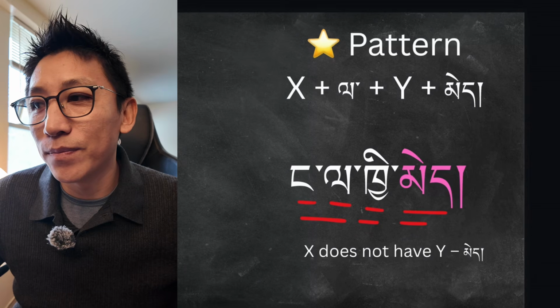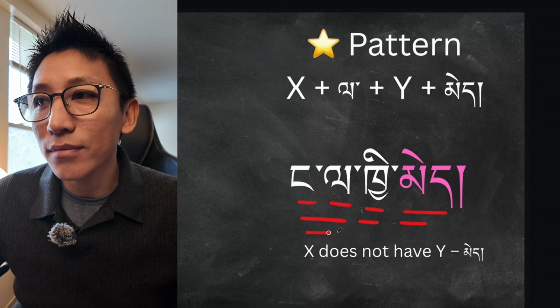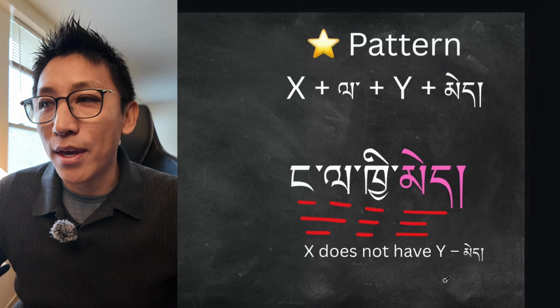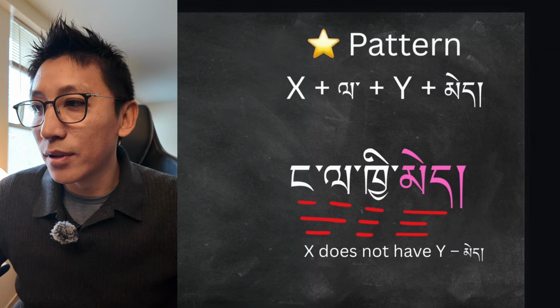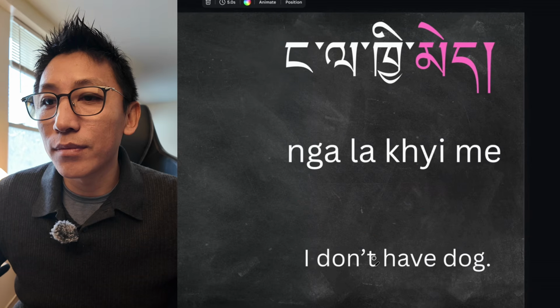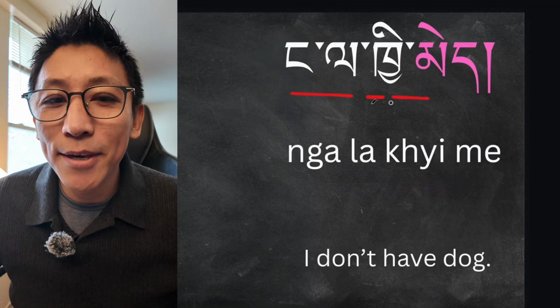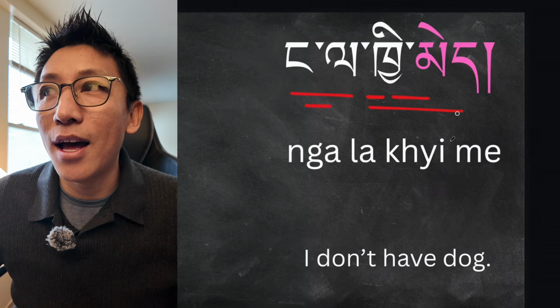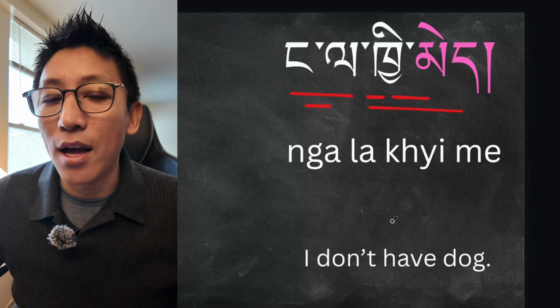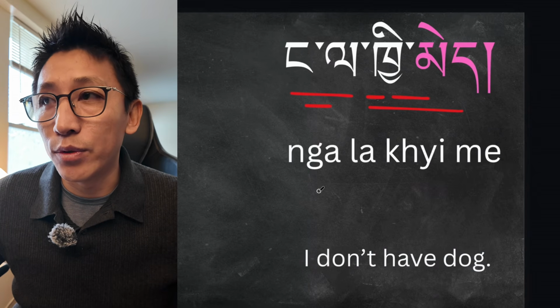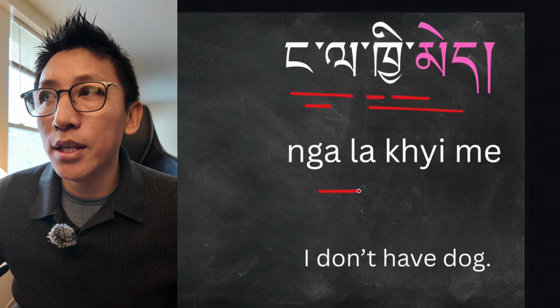Now it's your turn. Nice. "Nga la ki me." I don't have a dog, right? So it is used in I, first person. "Nga la ki me."